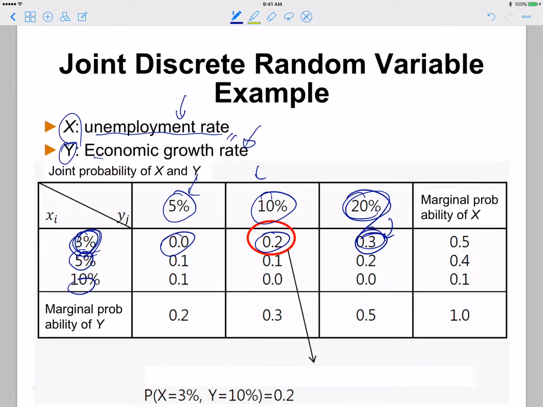And then from this table, let's look at the last column and last row, which is called the marginal probability or marginal distribution.